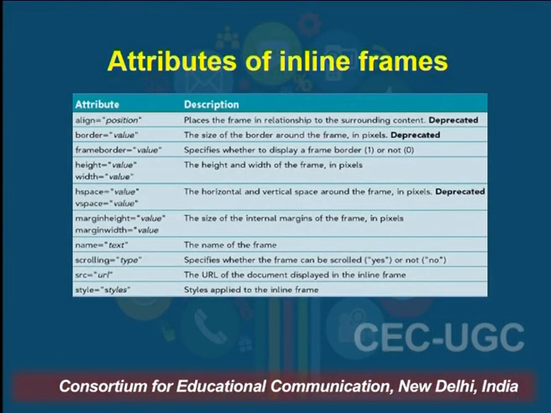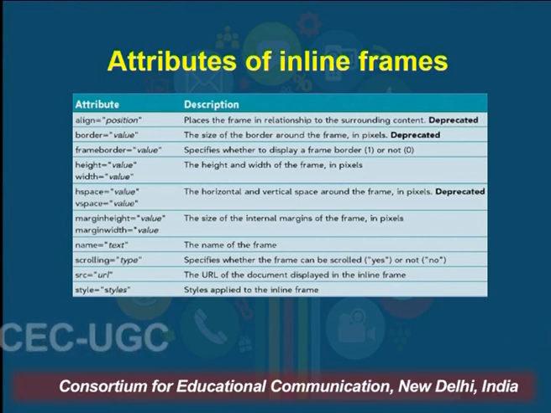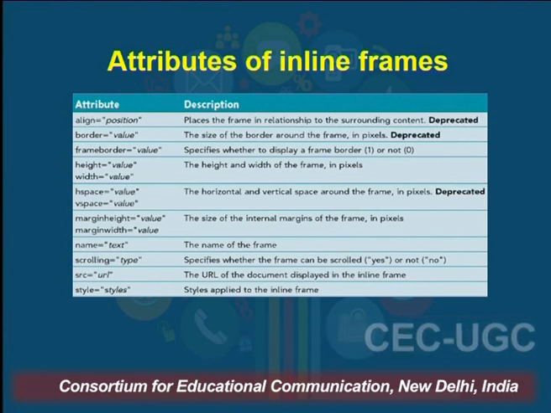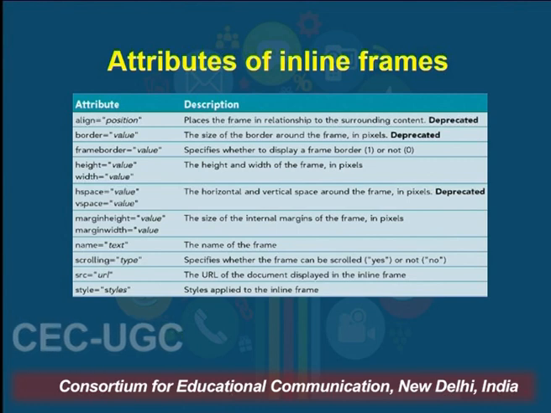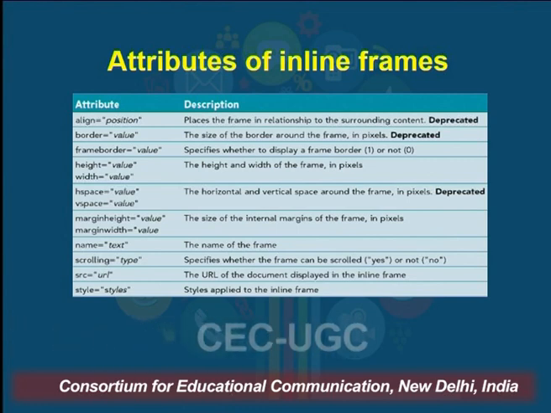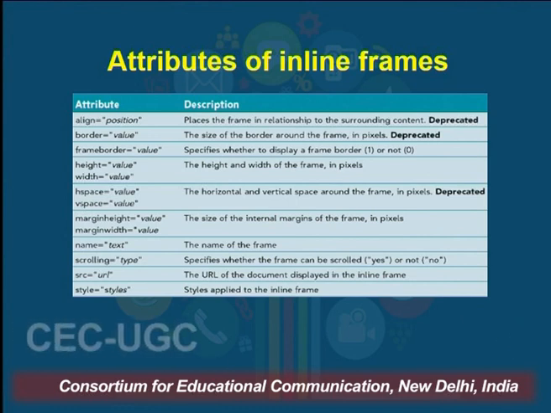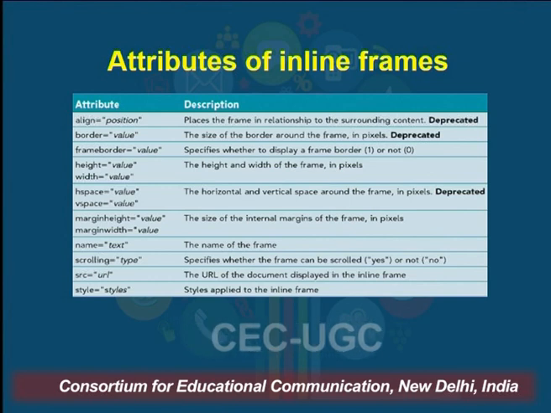So for inline frames also there are a number of attributes which can be shown, just like we are seeing here. So you can have the valign attribute, because now this is a floating frame, so you can position it wherever you want your frame to be on the screen. So it can be aligned vertically, and it can be aligned horizontally, like left, right and center.